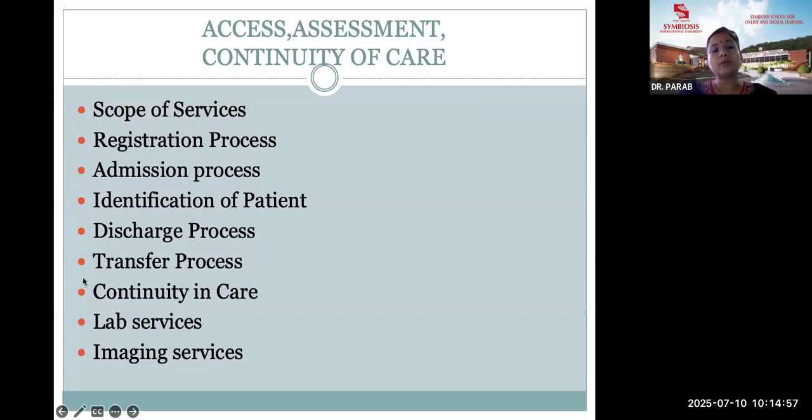So having said that, what would these standards and objective elements relate to? They would relate to these highlighting points. The first is it talks about the scope of services. So NABH has a particular part in the application form where it asks you for which scope of services you want to avail of the accreditation facility.